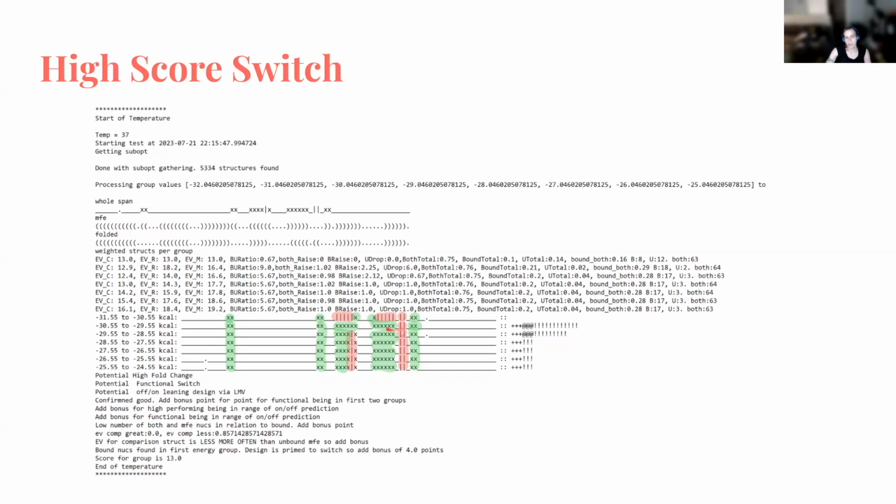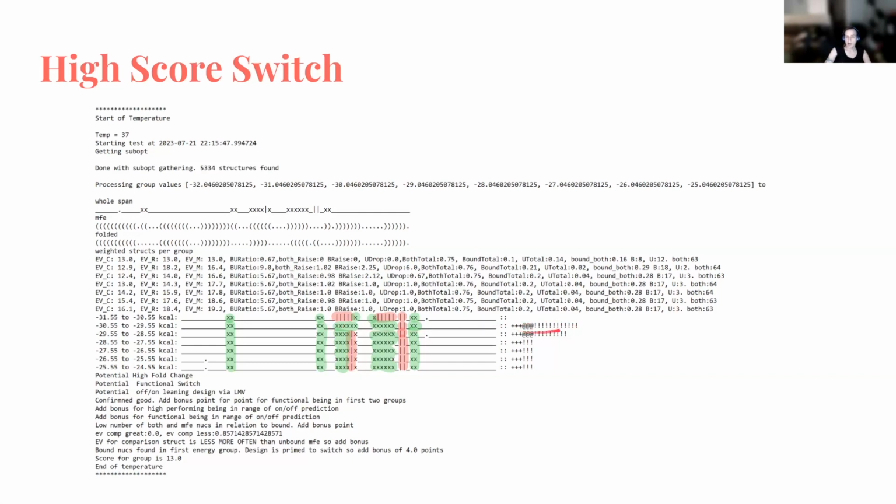But then it predicts that when you hit 1 to 2 kcal, the ensemble is actually trending to contain mostly the binding configurations of the folded structure.